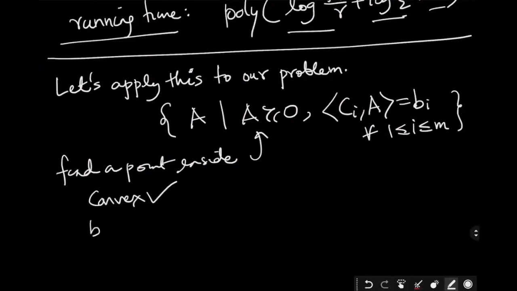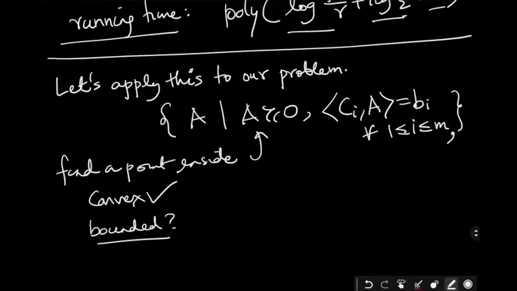Is it bounded? Well, a priori, it seems like this is not bounded at all. It's not clear why it should be bounded. Maybe for whatever reason, there are solutions to this system where A can take arbitrarily large entries. But I claim that we can add a constraint which bounds the entries of A without really losing anything.